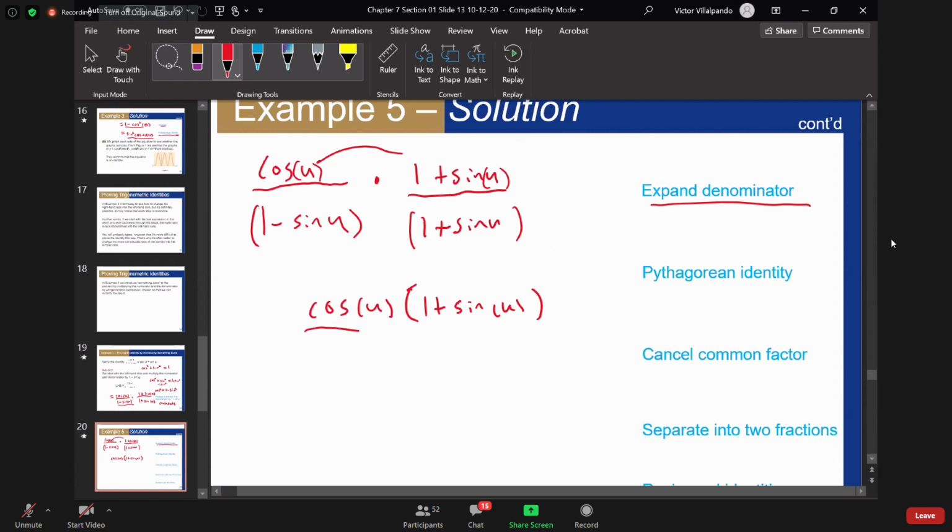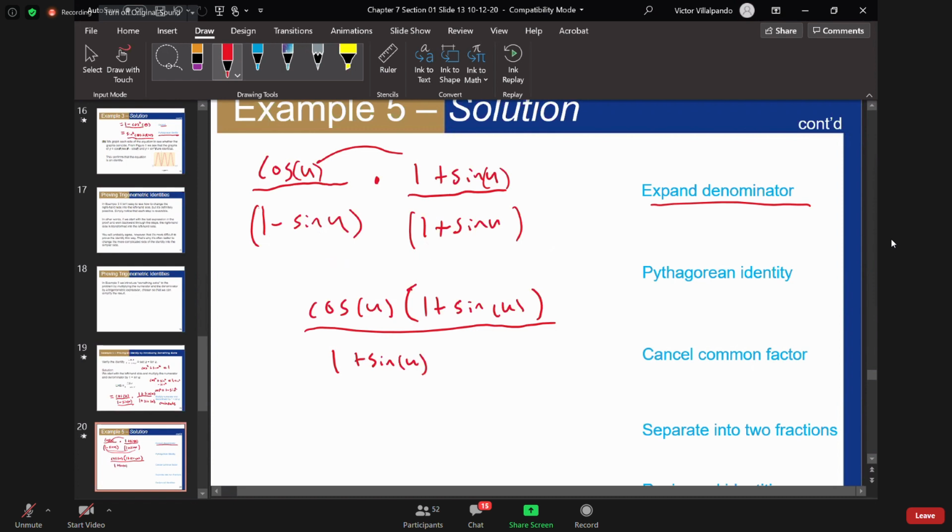1 times 1 is 1. Not so hard, right? What's nice about FOIL is that we should get some terms canceled out. Sorry, I skipped a step. I'm foiling. Then we have 1 times sine, which is positive sine u.